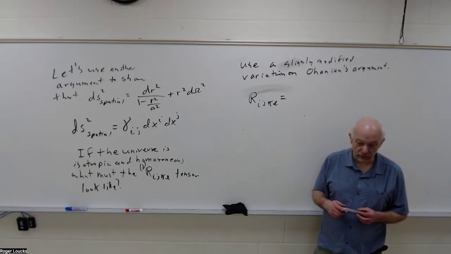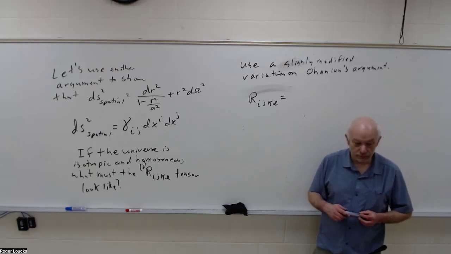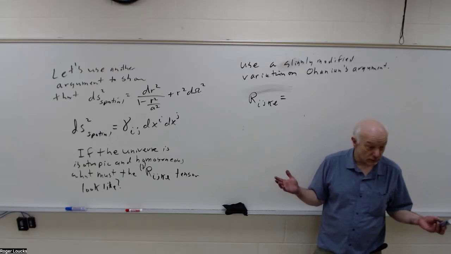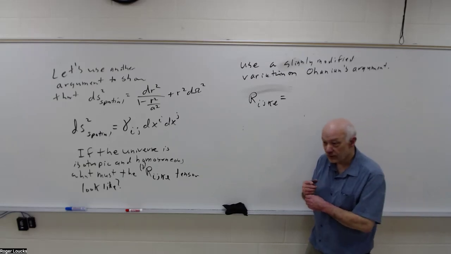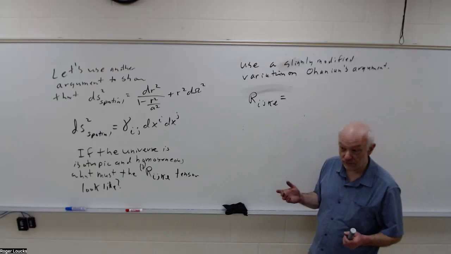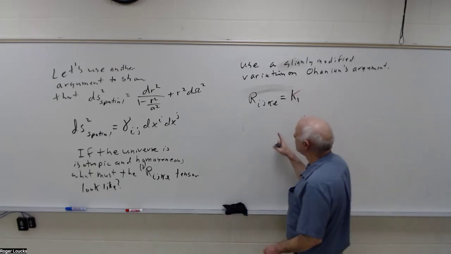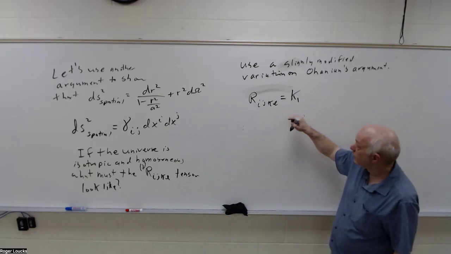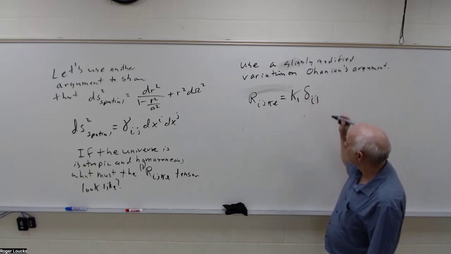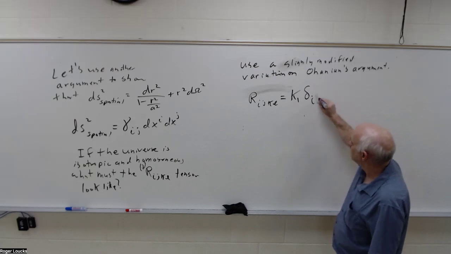It's going to be very obvious. The Kronecker delta. The Kronecker delta does not vary where you're at. So I can have some constant, I'll call this K1, and a Kronecker delta with i and j.